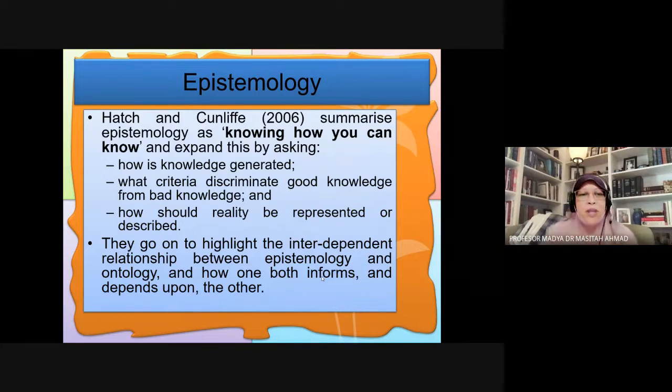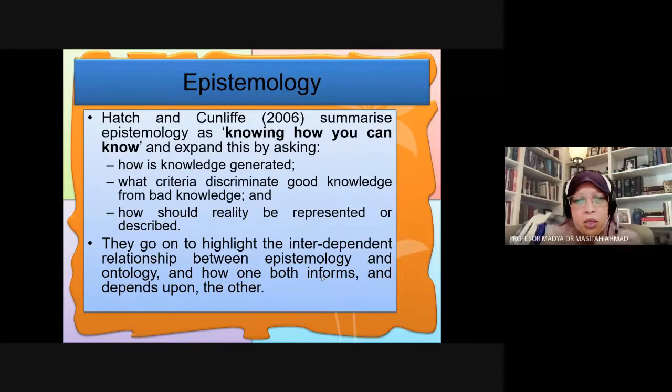They go on to highlight the interdependent relationship between epistemology and ontology, and how each both informs and depends upon the other. As you can see, I showed you at the beginning of our slides how the connection between ontology and epistemology will create your research philosophy. As mentioned here, the relationship is actually interdependent.